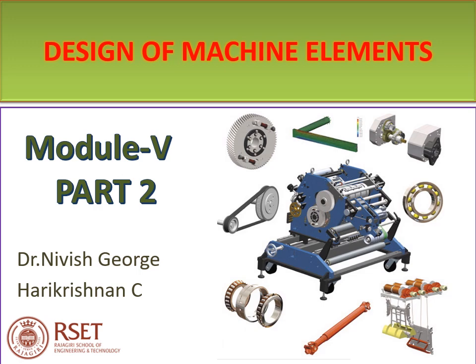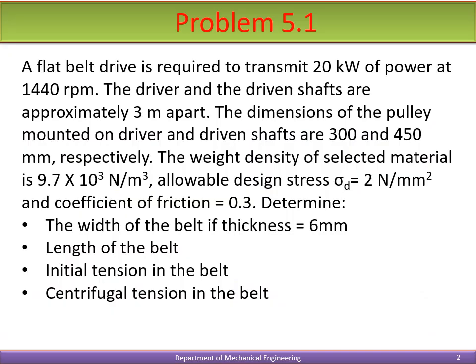In this lesson, we will be discussing problems from flat belt as well as V-belt design. Here we have the first question. A flat belt drive is required to transmit 20 kilowatt of power at 1440 rpm.